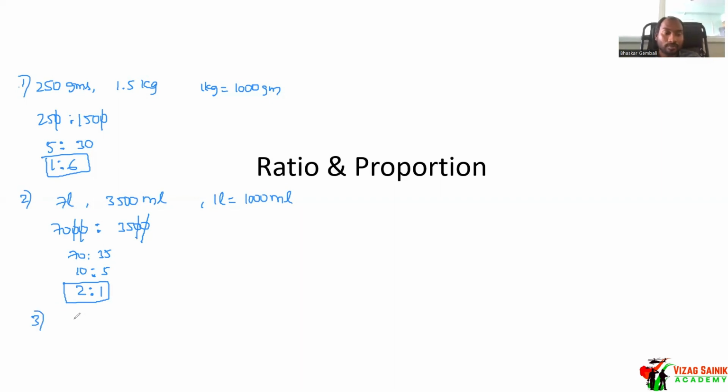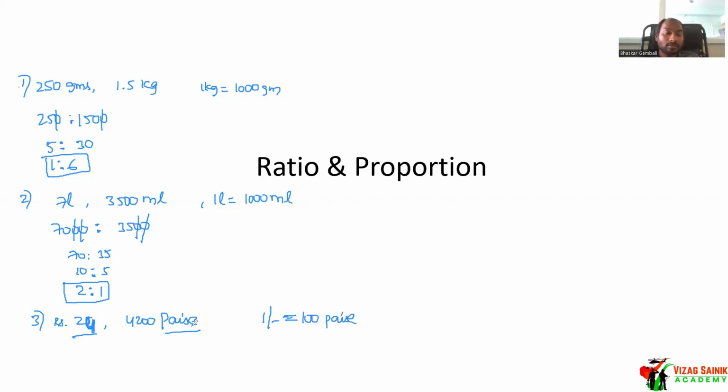Next, 25 rupees, 4200 paisa. 25 rupees లేదా 24 రాద్దాం. 24 rupees and 4200 paisa. సో ఇది పైసా ఉంది, ఇది రూపీ ఉంది, సేమ్ ఉన్నట్టు లేదు. సో ఏం చేయాలి? Convert both into paisa or both into rupees. So 1 rupee is nothing but 100 paisa. 1 rupee is nothing but how much? 100 paisa.